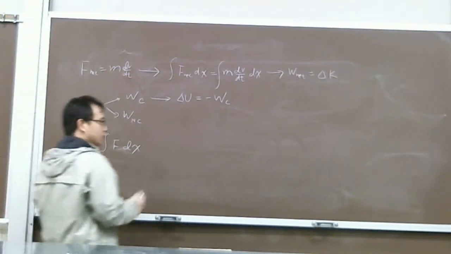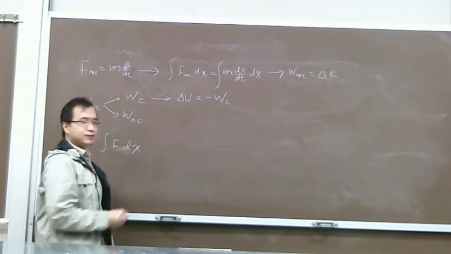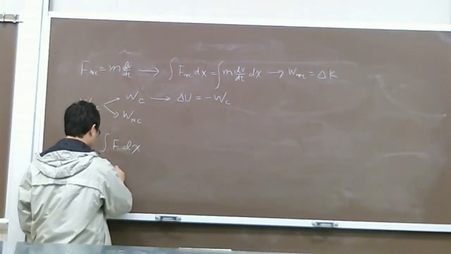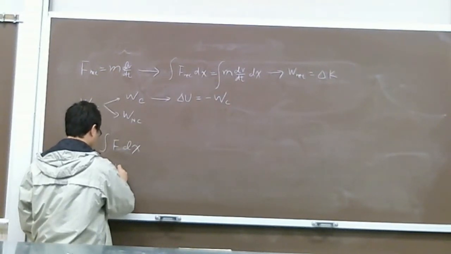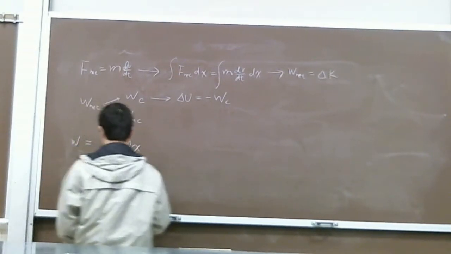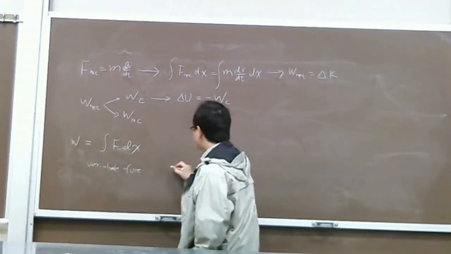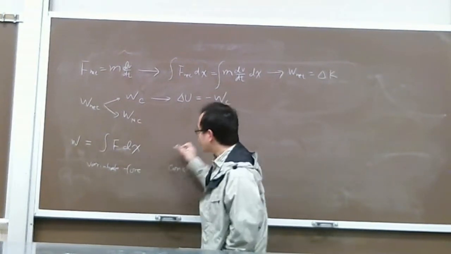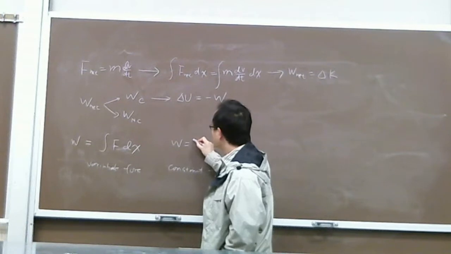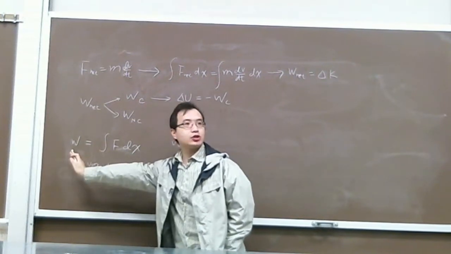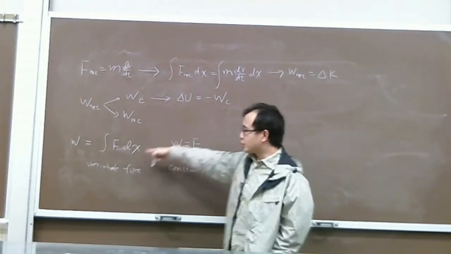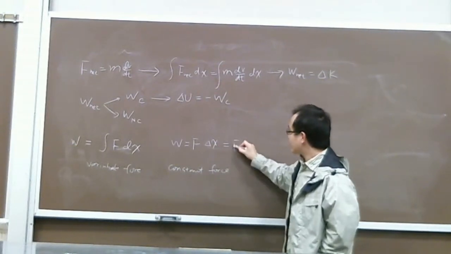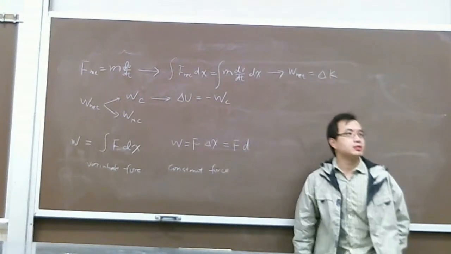If we have a constant force, this reduces to W equals the force, the constant force, factored out, and you integrate the position only, you get the displacement, or you can write F multiplied by D, the displacement.